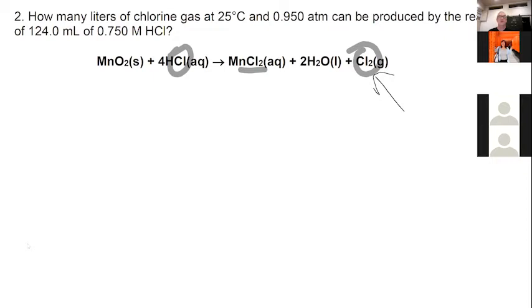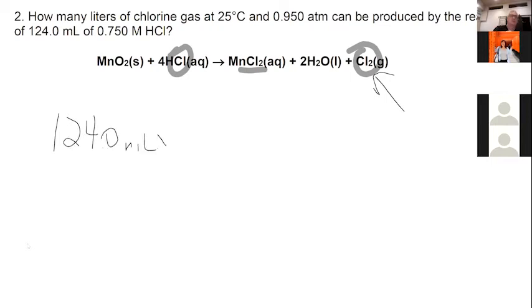What's the first calculation you do? So what we do is 124 milliliters times 1 liter over 1,000 milliliters, because we're looking to find liters. So we're going to convert milliliters to liters. Right.